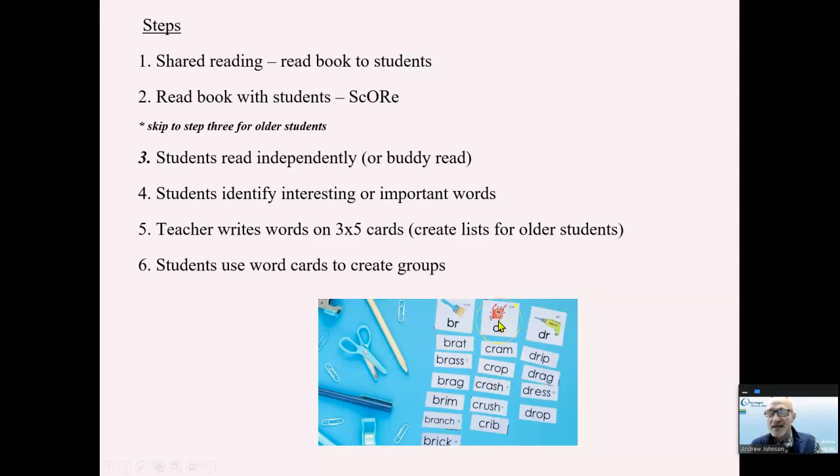So they can create a lot of different patterns, categories for letter patterns. They can also create groups based on meaning. And that's how you begin to develop vocabulary and word knowledge. So yes, they create groups based on letter patterns, but they also create groups based on meaning.